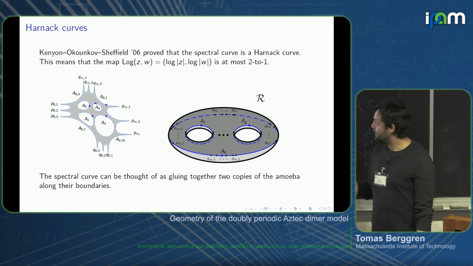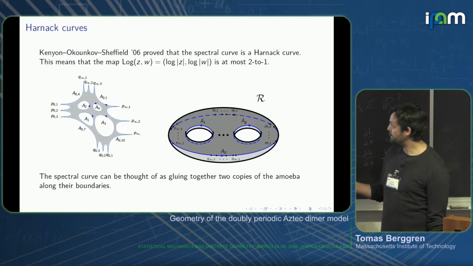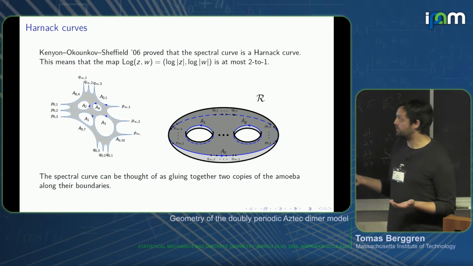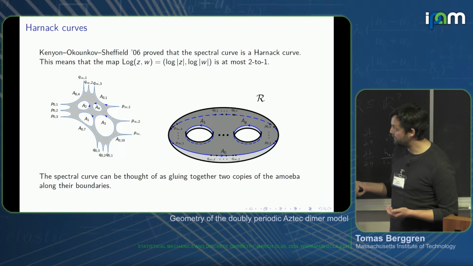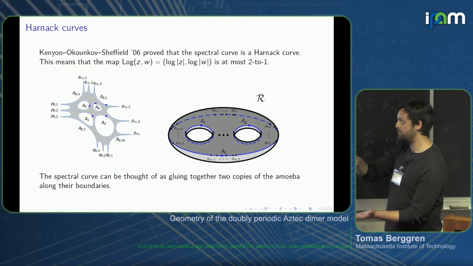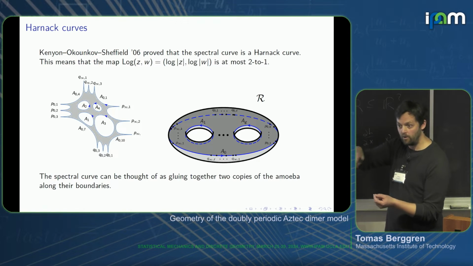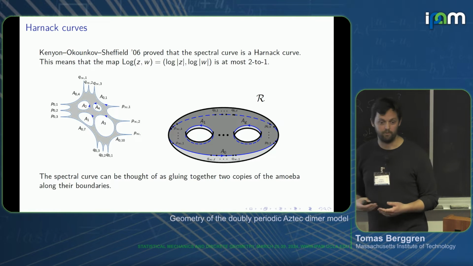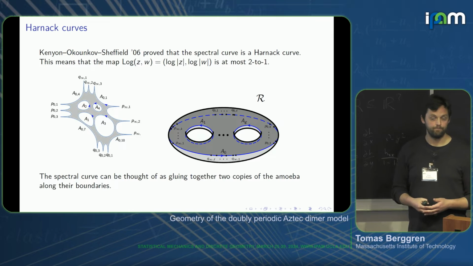Well, it means that this map going from the amoeba to your spectral curve is a 2-to-1 map, which means that you can think about the spectral curve simply as your amoeba, or you take two copies of your amoeba, you glue them together along the boundary of the amoeba, and that gives you your spectral curve. That's how you can think of it.